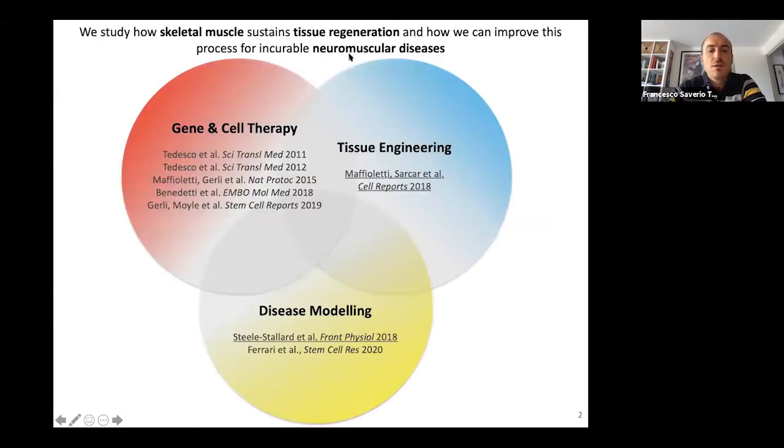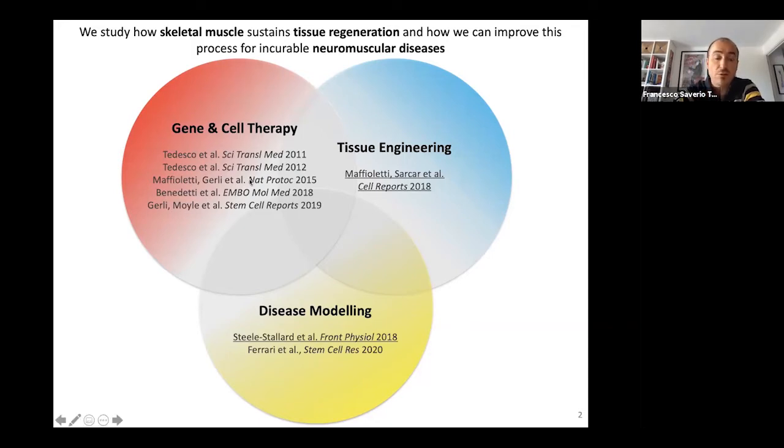So these three thematic areas that you can see in this slide are the three main areas that we work on in the lab. We really focus on studying muscle regeneration and muscle stem cells, and how we can improve this process for incurable neuromuscular diseases.